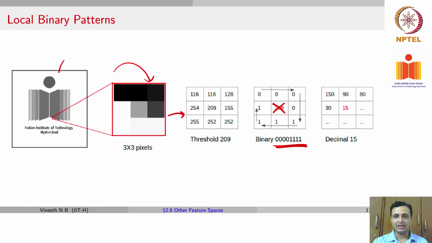You define a binary representation based on how each pixel is related to the central pixel's intensity. So now this value is 15 in decimal, and you replace that pixel's value with 15. Other values around it would similarly be obtained by doing an LBP operation at that particular pixel, and so on and so forth. Now what do you do with this new LBP representation?